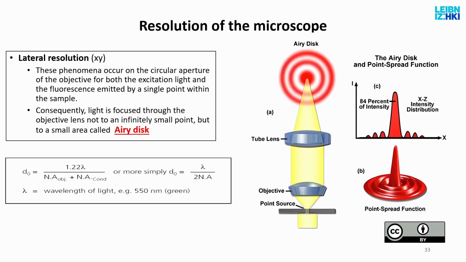So if I look at this pattern, I will say, okay, this so-called image is nothing else but what the microscope formed when it was trying to form an image of an object which is smaller than the resolution of the microscope. I got an interference pattern, not the actual image.